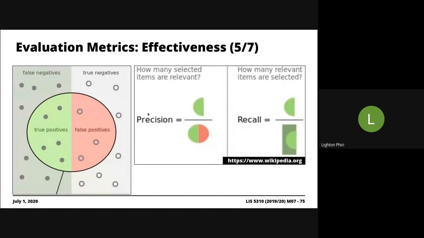So precision is going to be equal to the relevant things retained, which is this green slice here, over everything that is retained, the green plus the red, which is this circle here. Recall, on the other hand, is going to be equal to the things that are retained that are relevant, the green in the circle, over everything in the corpus which is relevant, which is everything in here.